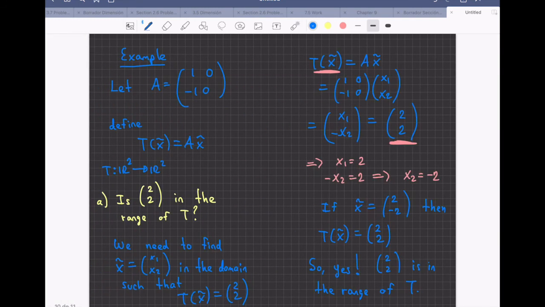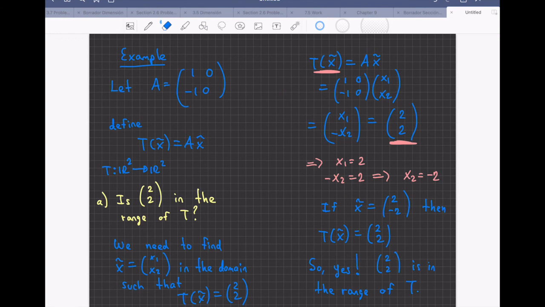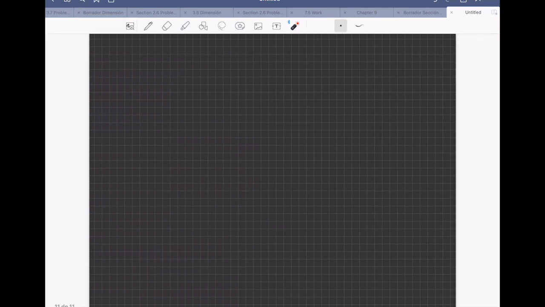Now for the same problem, this is part A. Part B, other question: is the element 1, 1 in the kernel of T?